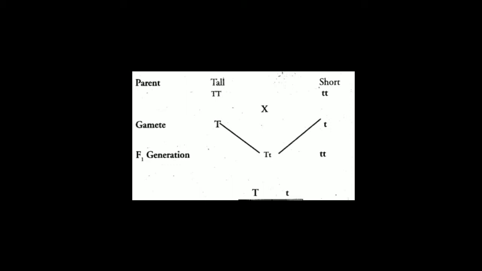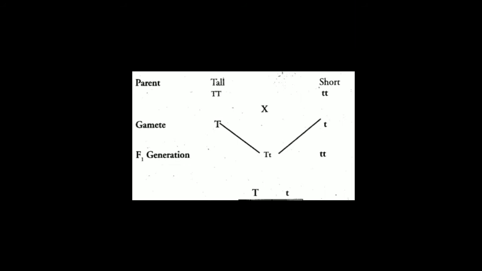We will cross it with the homozygous recessive of a parental generation, and if the offspring are all tall, then it can be said that the plant taken was homozygous dominant, because whenever we cross a pure homozygous dominant with a pure homozygous recessive, the only offspring we get are heterozygous dominant. And here, if the offspring are all tall, then we can conclude that the plant taken was homozygous dominant.